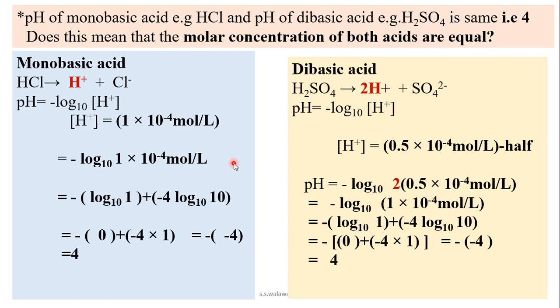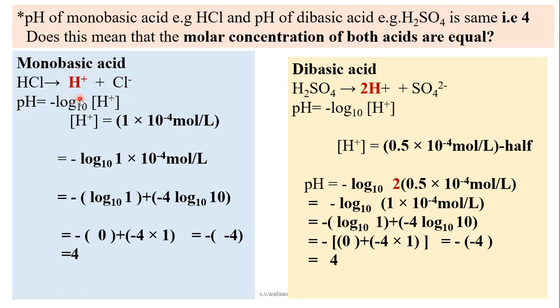Now the next and most important point: if the pH of a monobasic acid and a dibasic acid is the same, does this mean that the molar concentrations of both the acids are equal? Now we will discuss this with these two examples. Here, an example of a monobasic acid is HCl, and HCl undergoes dissociation and gives you hydrogen ion and Cl.